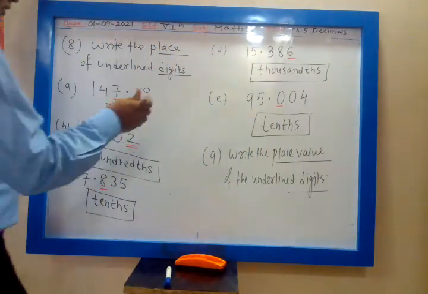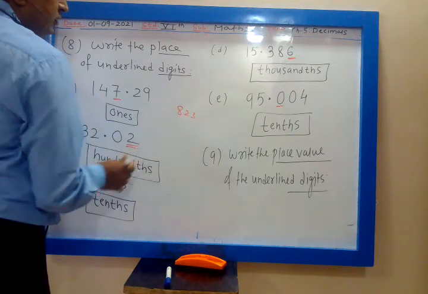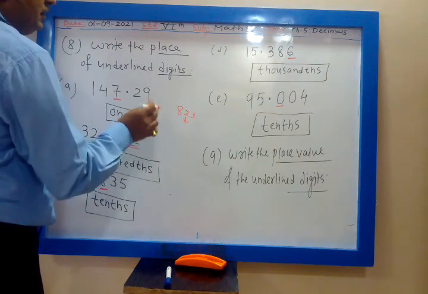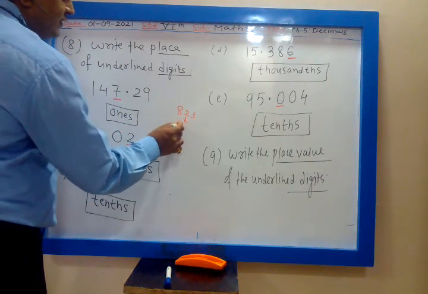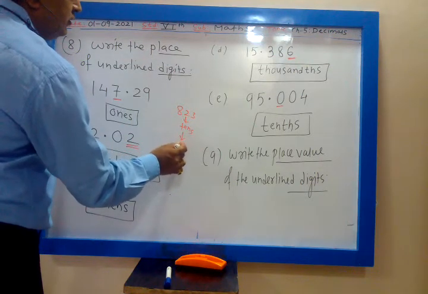See here, for example, 8, 2, 3. What is the place of 2? Tens. But what is the place value of 2? The place value of 2 will be 20.